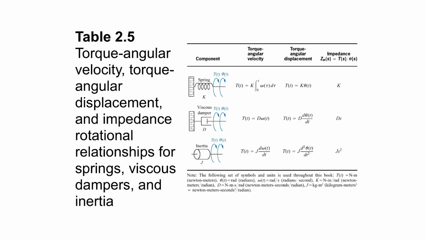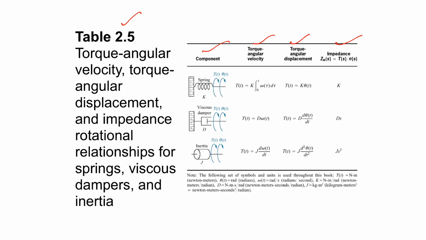Now we have covered the electrical and translational mechanical systems. Now we move on to the rotational mechanical system. Here we have the components: torque, angular velocity, angular displacement, and the impedance. Rotational mechanical systems are handled the same way as translational mechanical systems, and in this case the torque replaces the force.